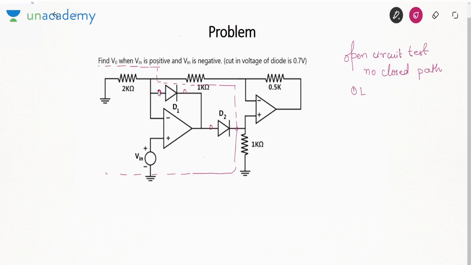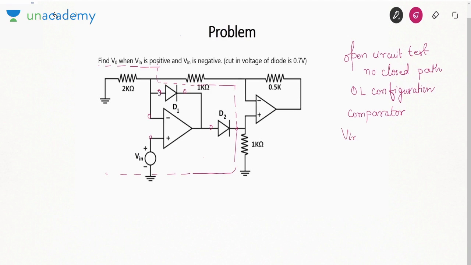That is, it is open loop configuration. If it is open loop configuration, then it is working as a comparator. In that case, we have to compare the positive and the negative terminal voltage.